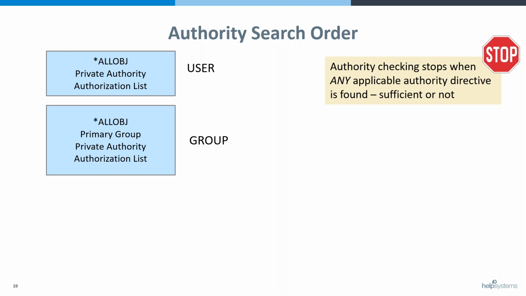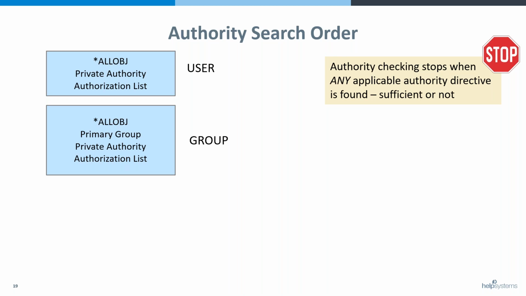Now, there is a slight nuance here with the all object in that, as you can see in the search order, a private authority for the user is going to take precedence over all object inherited from a group. That's a good thing. Although one could argue it's merely a speed bump because as a user with all object via the group, I can run a job as somebody else who's not me and gain access to the object that way.